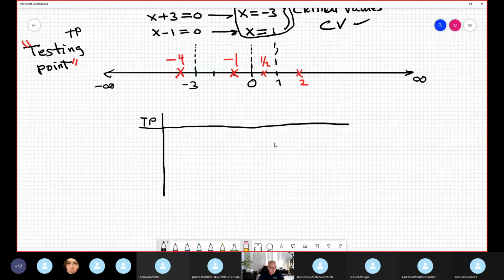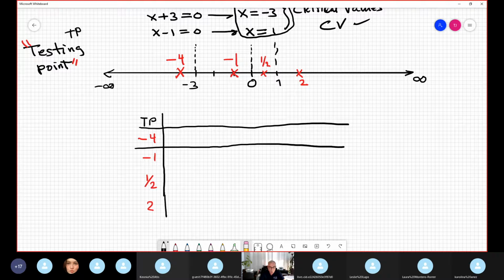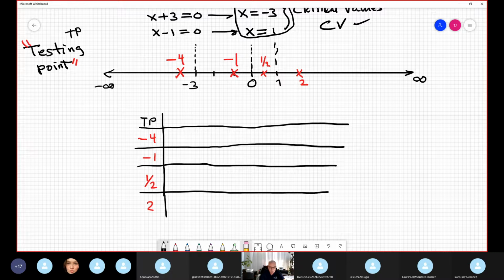And you put the arbitrary testing points that we are using, which are -4, -1, 1/2, and 2. And every testing point gives me a row. 1 row, 2 row, 3 row, 4 row.